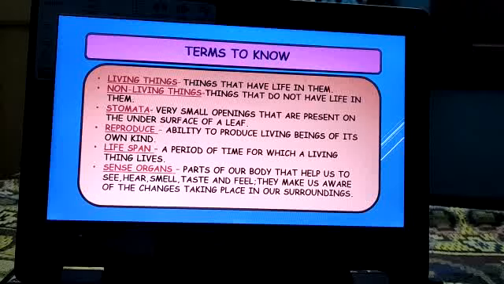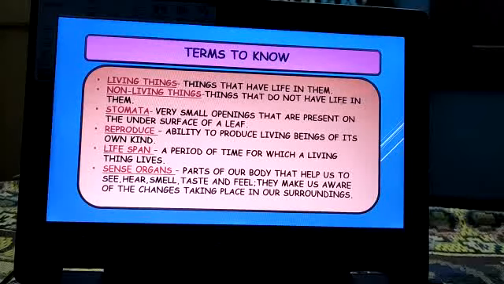Fourth, lifespan: a period of time for which a living thing lives. Last is sense organs. What are these? Parts of our body that help us to see, hear, smell, taste and feel. They make us aware of the changes taking place in our surroundings. So these are the terms, students, which you have to learn.